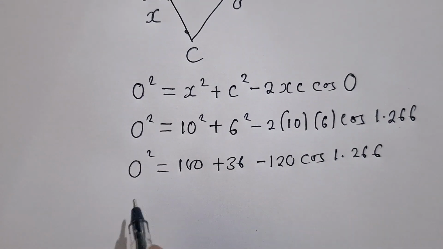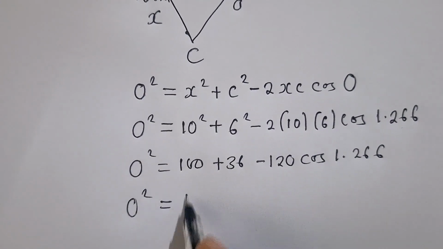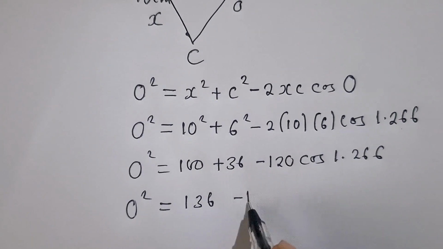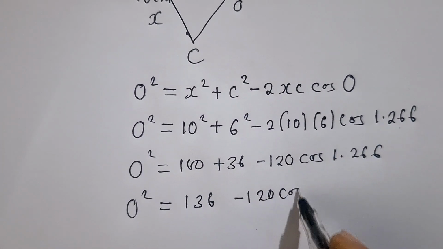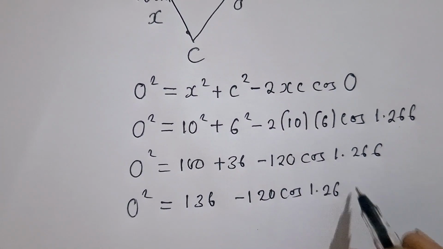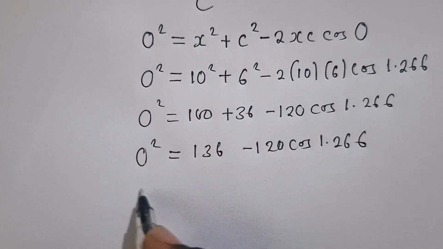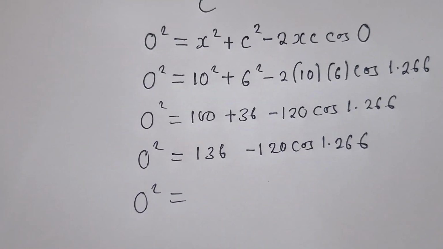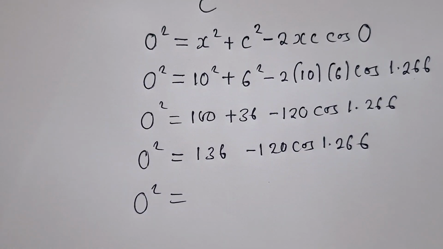And you must make sure that your calculator is in radians when doing this. So o squared is equal to 136 minus 120 times cos 1.266.